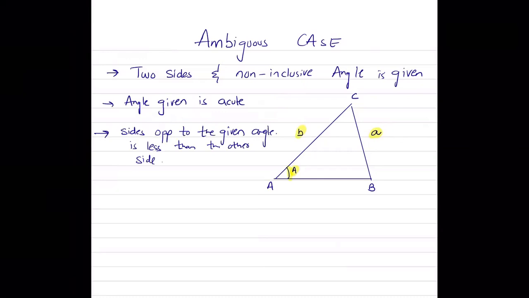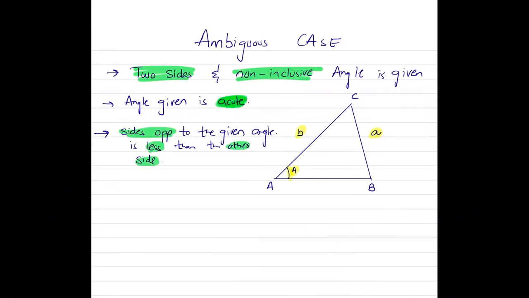So the angle given should be acute. Two sides and a non-inclusive angle are given. The angle should be acute, and the side opposite should be less than the other side. If these three conditions are fulfilled, then there is an ambiguous case.